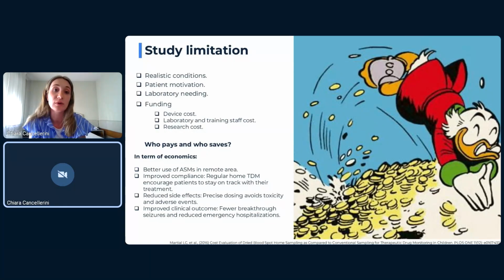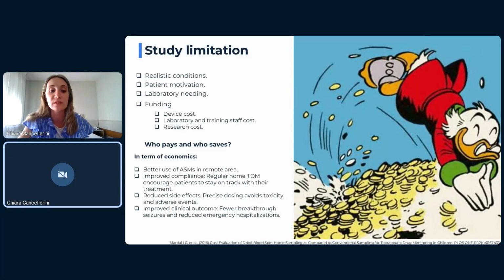So also when we have the device, there is the laboratory staff cost, and we have to understand who does this and studies this. So of course funding is really a study limitation for all. And then, of course, understand who pays and who saves regarding the health systems, for instance.